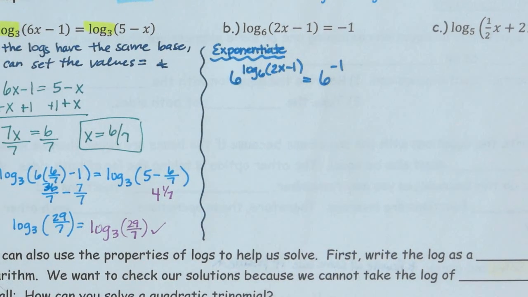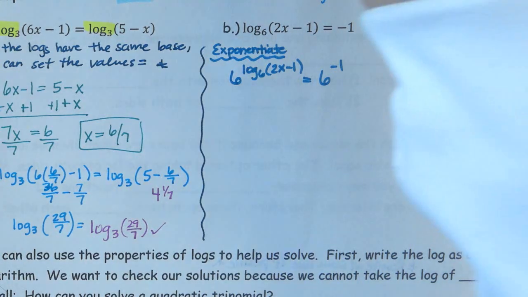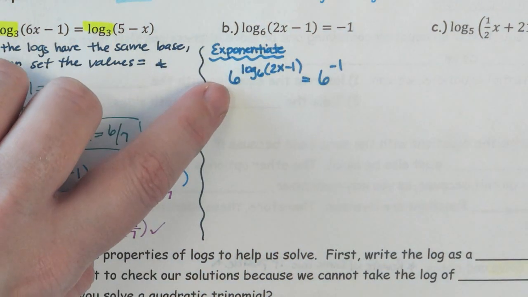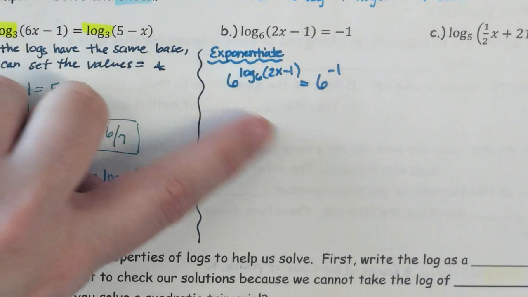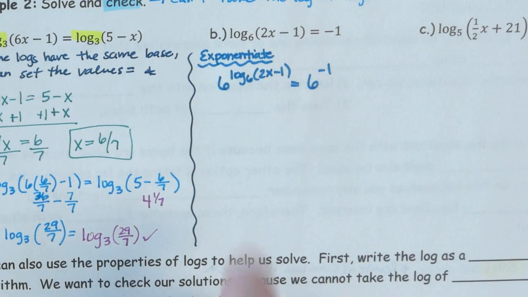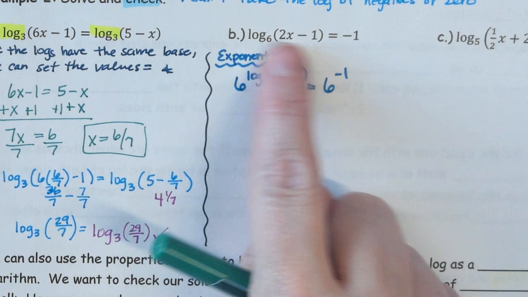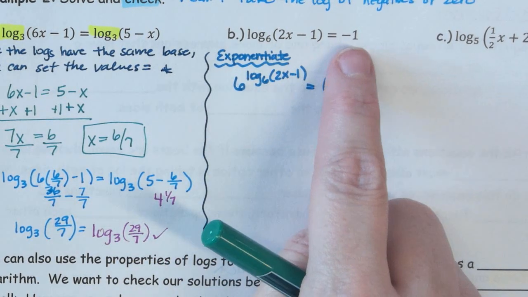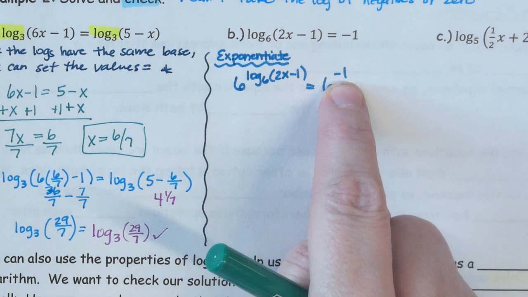Okay, so we're exponentiating. If you're exponentiating, you just have to rewrite with the same base. So 6 becomes your base on both sides. And then look here. See how the left side is the left exponent now? And then this side is the exponent now?